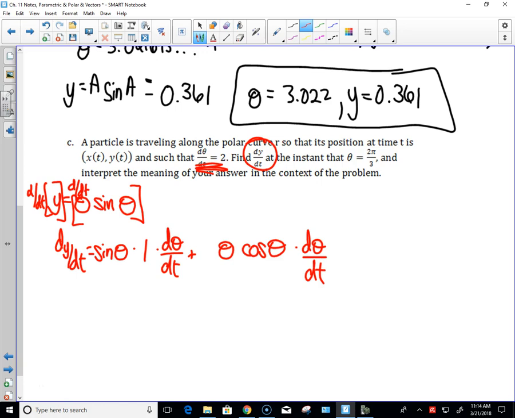Okay. So now as we go to plug in, when theta equals 2 pi over 3, and we also know our clue of d theta dt is equal to 2, can't I just plug and chug? So I end up with dy dt.